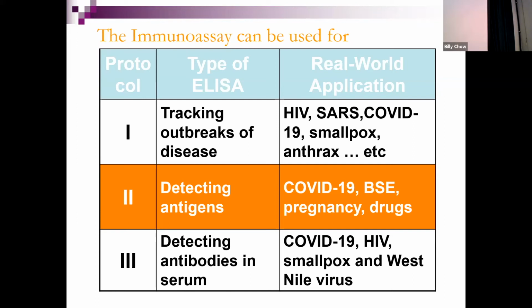You can capture the primary antibody in the serum of the patients to detect the antibody. Okay, and then you can also detect the antigen by sandwich ELISA, where you coat the plate with an antibody to capture the antigen, and then you can evaluate whether that person has the antigen or not.